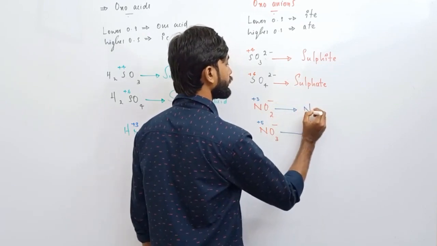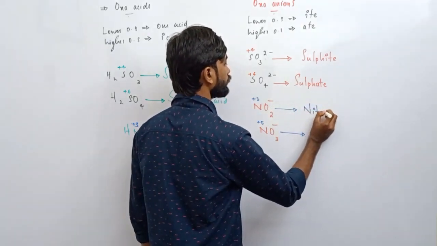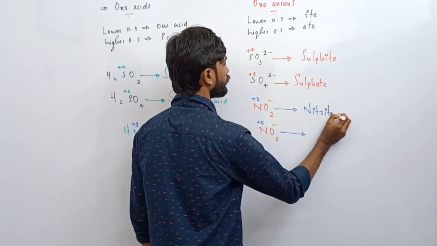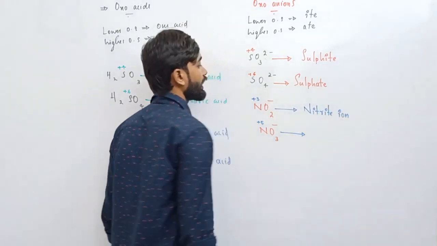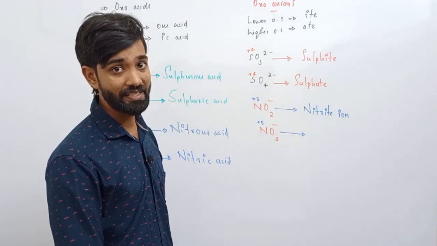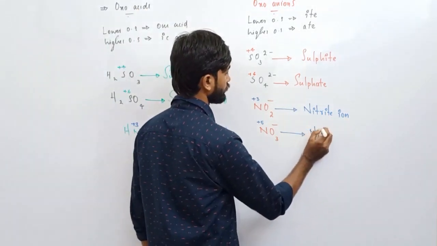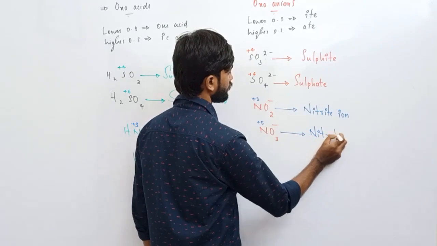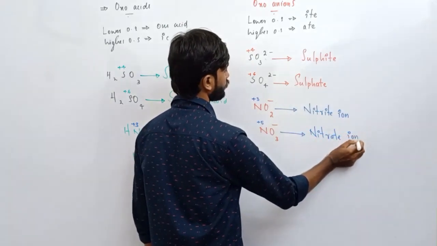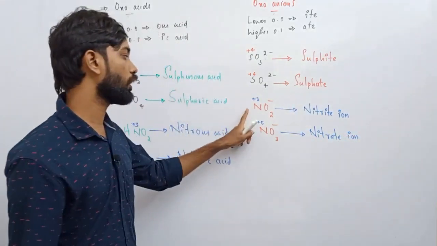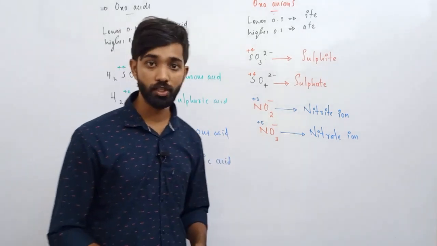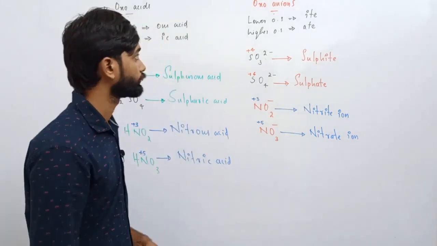What about NO2 minus? Nitrite ion. And NO3 minus? Nitrate ion, because this is a lower one and this is a higher one. So nitrite, nitrate.